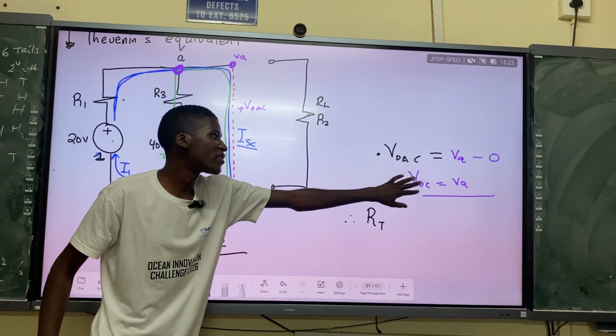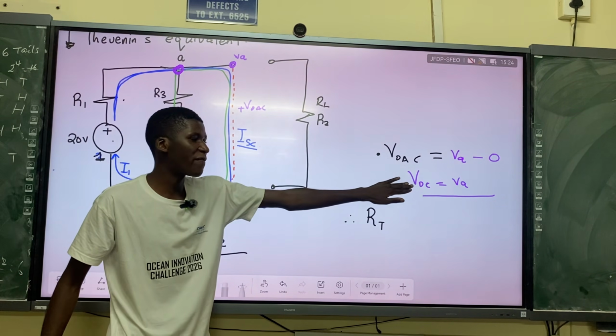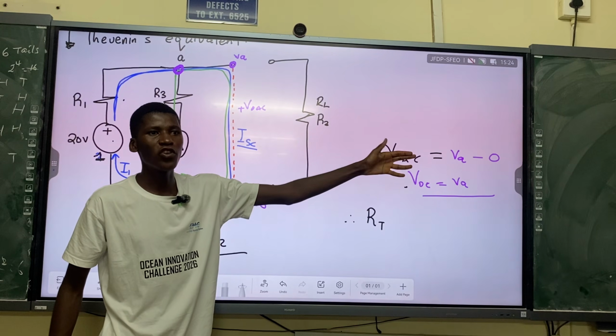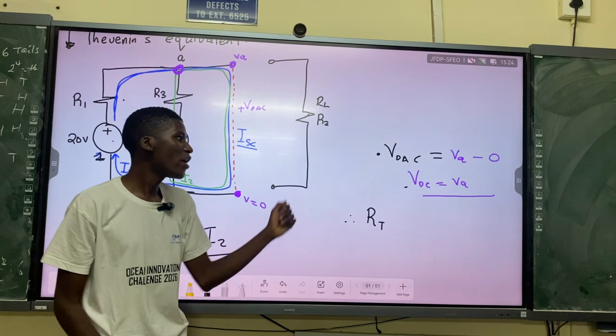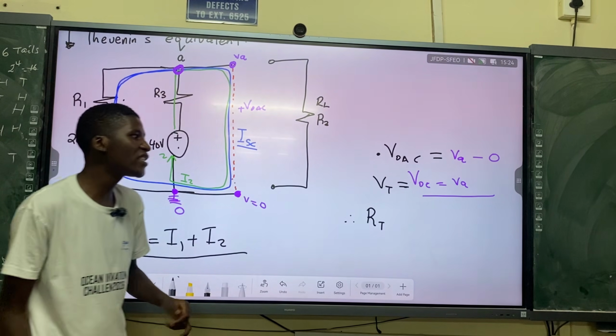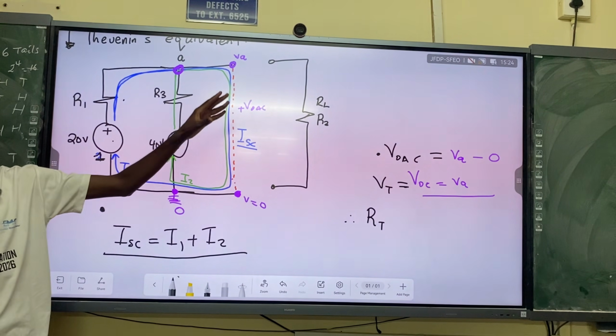So we already know that for us to combine the 20 and 40 volts, we are going to try and find VOC. We know about the total voltage. Now we know about Thevenin's voltage. We usually say that this is the total, or the Thevenin's voltage, or the open circuit voltage. All of that is one thing.